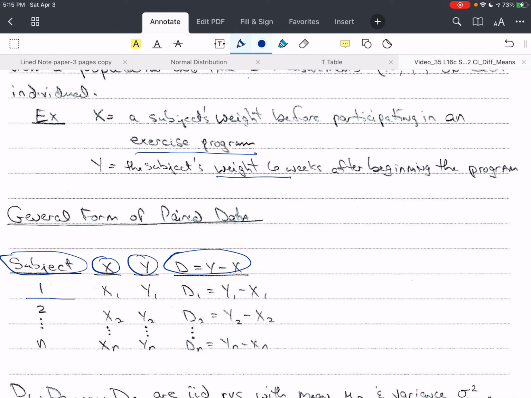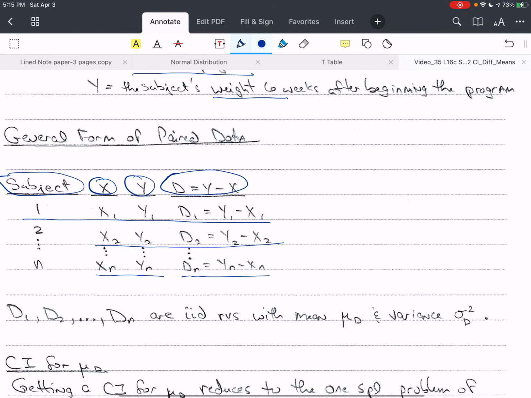And for the first subject, we have subscripts of 1: X1, Y1, D1. And then for subject 2, X2, Y2, D2, down to Xn, Yn, Dn. So it turns out that D1, D2, up to Dn are IID random variables with mean mu sub d and variance sigma squared sub d.